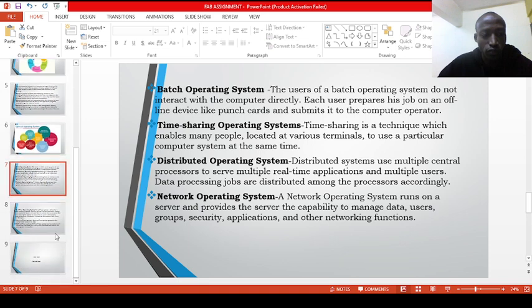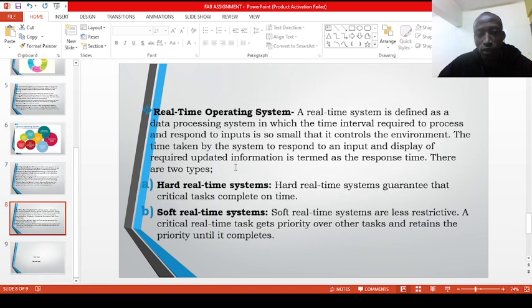And we have the real-time operating system. Like I've said, this is a system in which the time interval required to process and respond to input is very minimal, and happens in a controlled environment. There are actually two types of real-time operating systems.